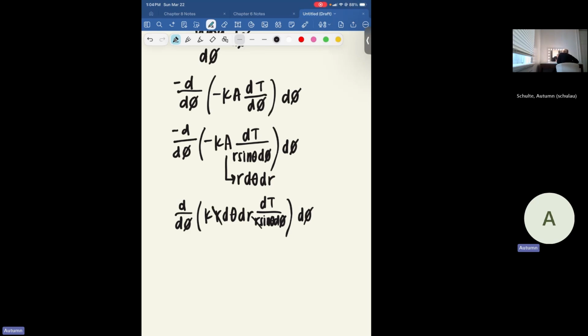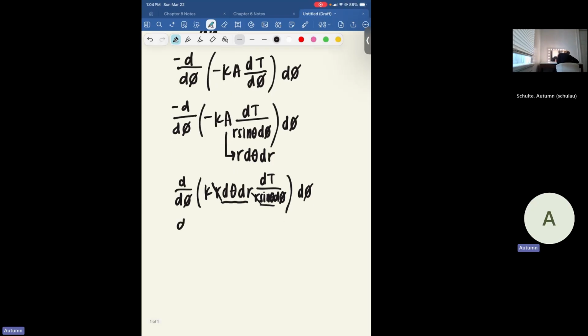We can take out d theta dr as well as sine theta, so this becomes the derivative with respect to phi multiplied by k times the derivative with respect to phi multiplied by 1 over sine theta d theta dr d phi.